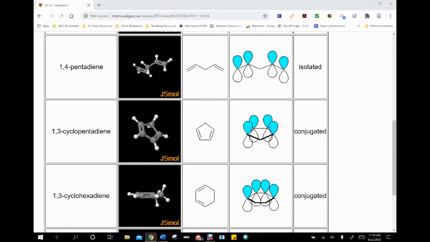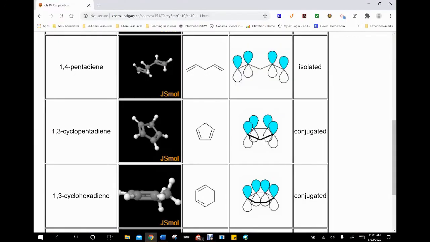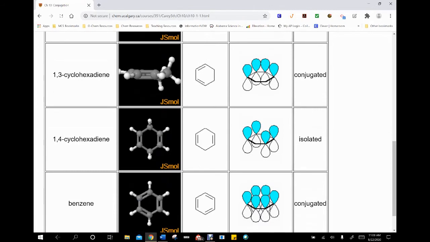All right, now let's tackle the 1,4-cyclohexadiene and then what is called benzene. 1,4-cyclohexadiene. Okay, so here's 1,4-cyclohexadiene. Now, what's interesting about this one is you have a double bond on either side of the molecule, but on both the top tip and the bottom tip, you have an sp3 carbon.